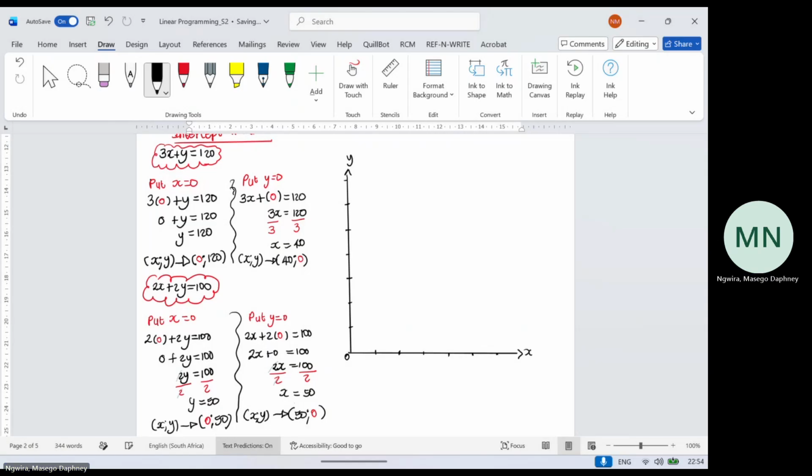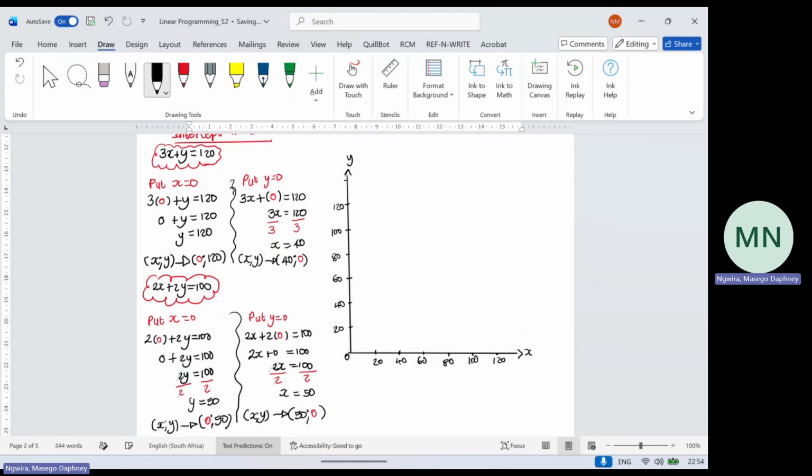And then now this will be 20, 40, 60, 80, 100, 120. And this is 20, 40, 60, 80, 100, 120.